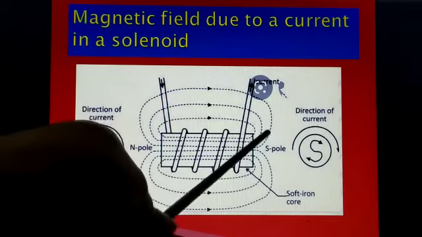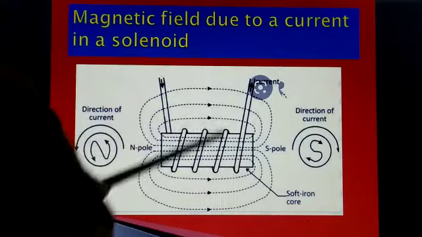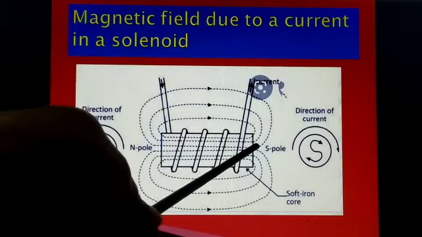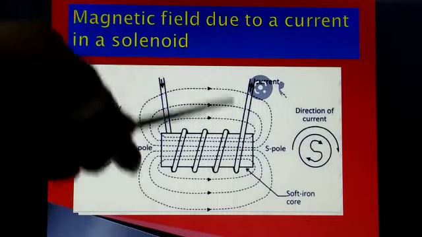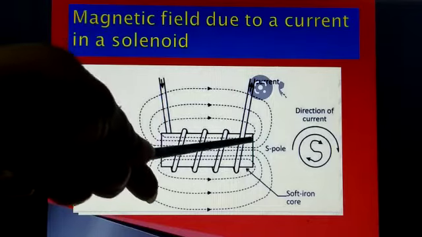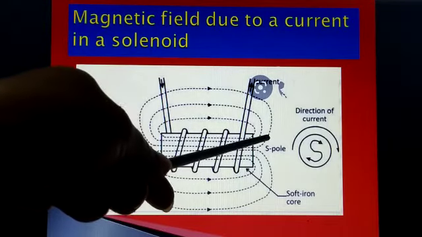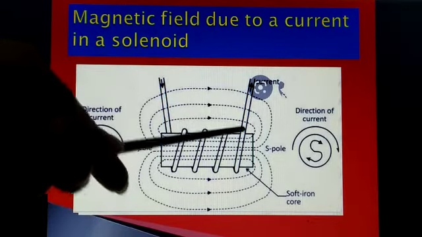And if you see from this side, the direction of current is clockwise. So that end behaves like a south pole. By seeing the direction of current, we can identify the north and south pole of the solenoid.